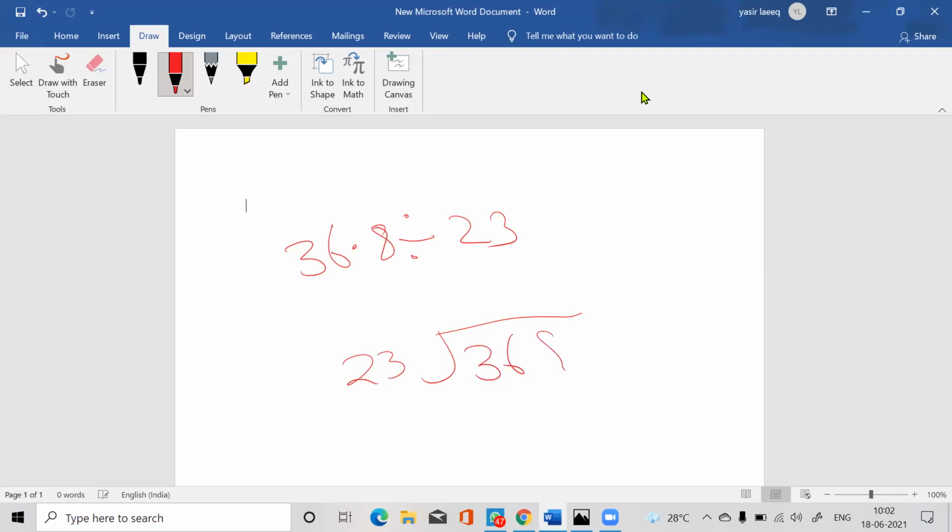Is it clear? So 2 times 23 will be 46. It is more than 36, so only one time will be there. Wait for a second. Okay, lower your hand.